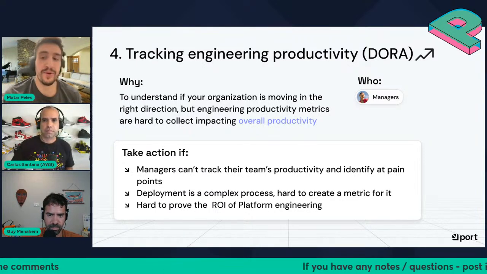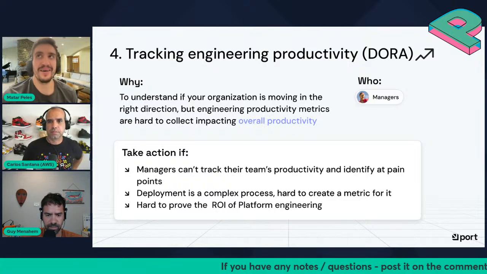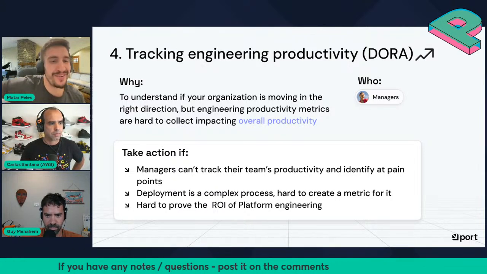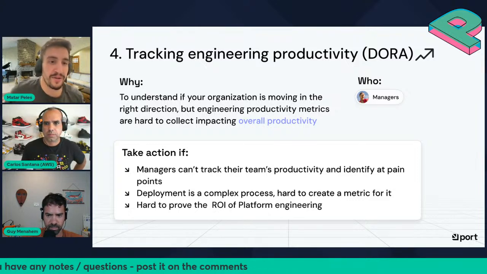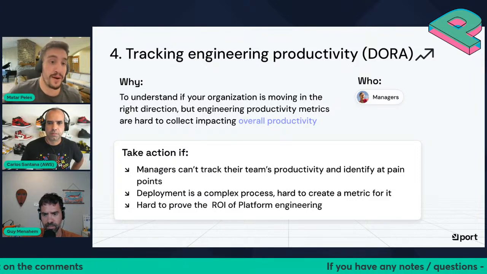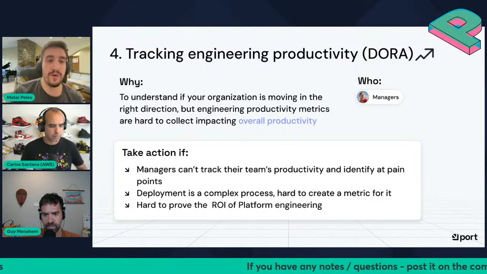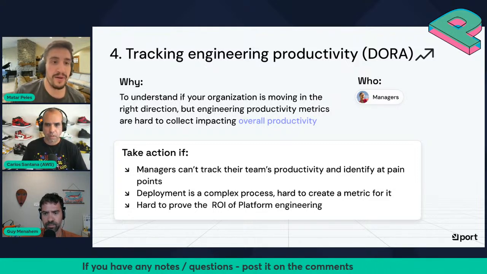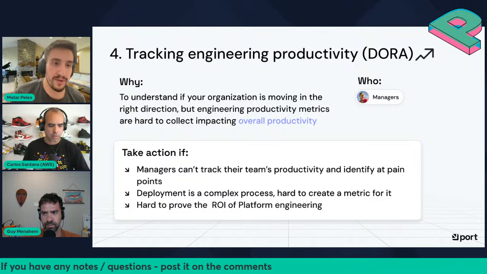This is where IDPs really can help you, because IDPs give you auto discovery integrations where you can just connect to a certain tool and bring data about a certain resource. It can represent your deployments or your PRs, and then IDPs give you out-of-the-box capabilities to aggregate this data. Combine the two and you have DORA metrics.